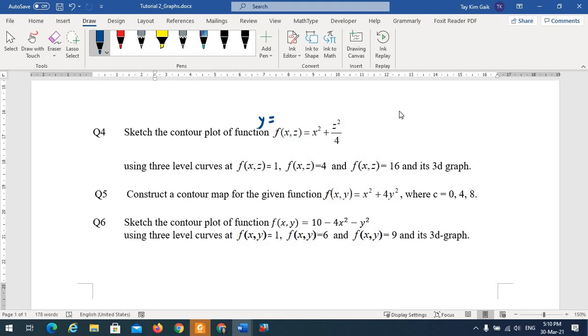So from here, before you sketch, can you guess what kind of surface this is? Paraboloid, ellipsoid, sphere, which one?